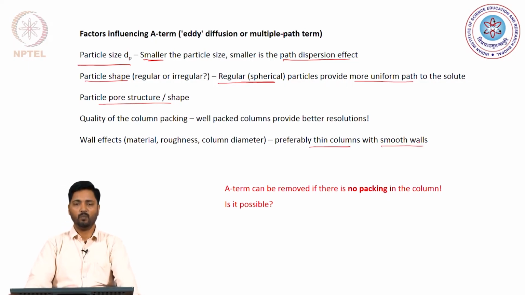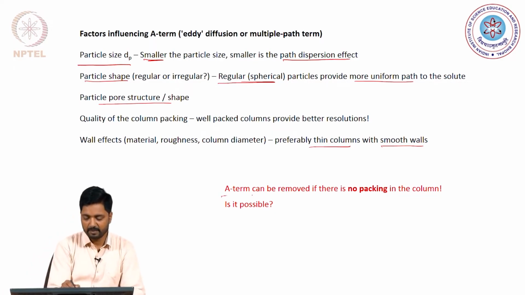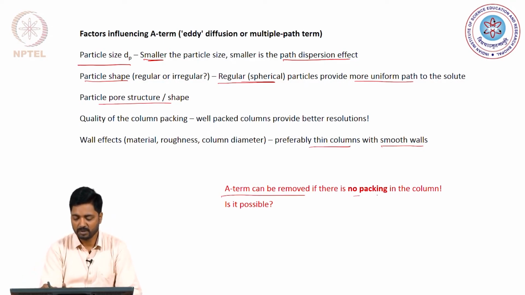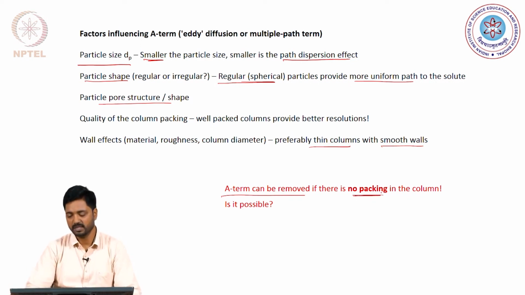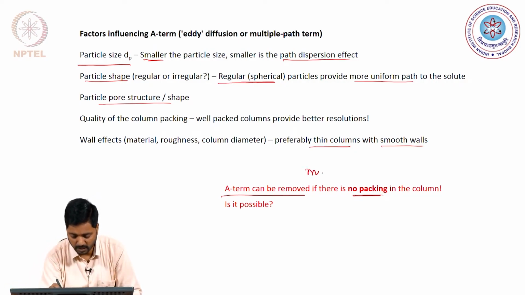Now, what we can think here is that the A term can indeed be completely removed from the plate height calculations if we are able to use no packing material in the column, or if the mobile phase flow is unobstructed.